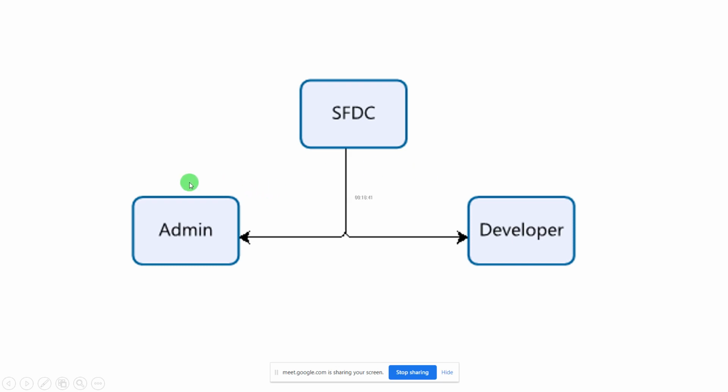To learn the admin part, you need not have any coding language, I mean, you need not have any technical background. For the development part, even if you don't have a technical background, you can learn Salesforce programming because it's Apex programming, which is not there in some other CRMs. It's completely cloud-based programming, which is available only in Salesforce.